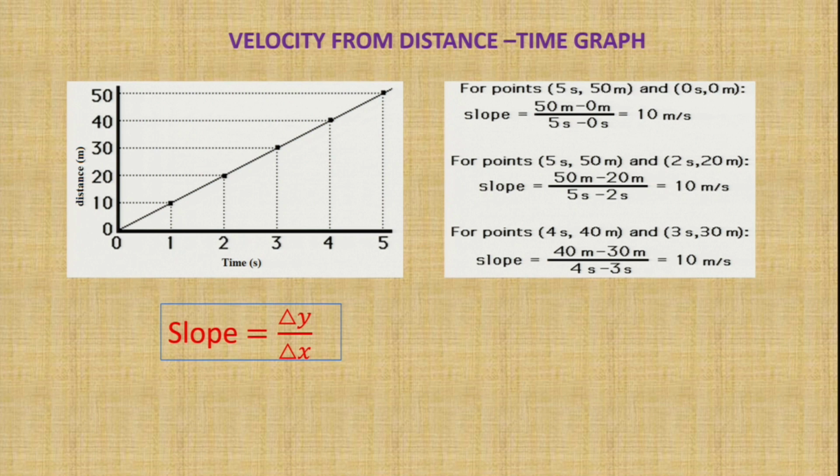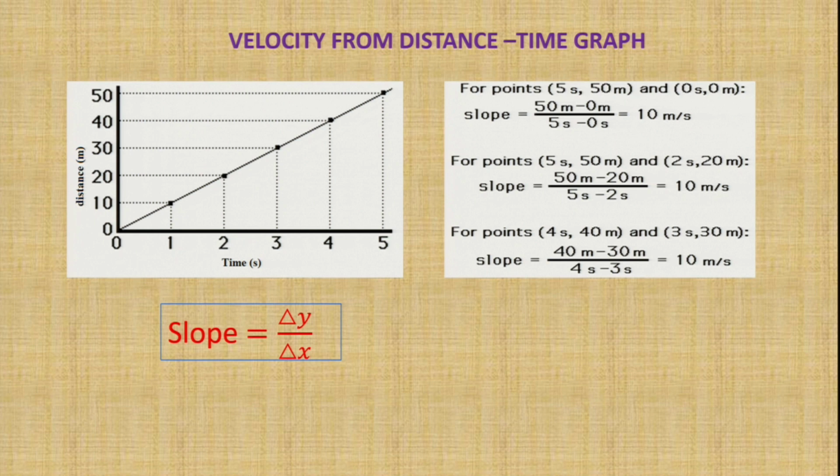And what is the formula of the slope? The formula of the slope will be delta y by delta x. Here delta y I have taken as the change in the position and delta x I have taken as the change in the time. So you have to take two positions. As you can see in the example, suppose a point at 5 second and 50 meter and 0 second, 0 meter.